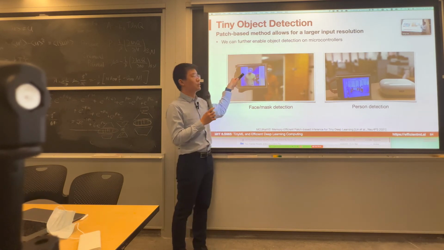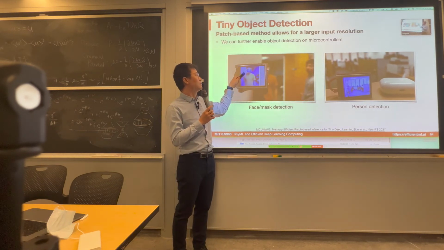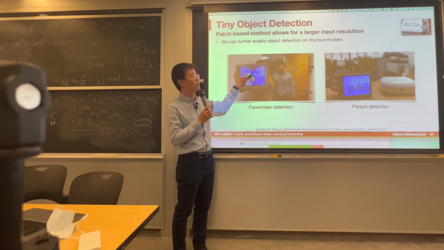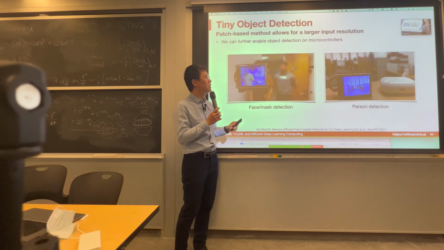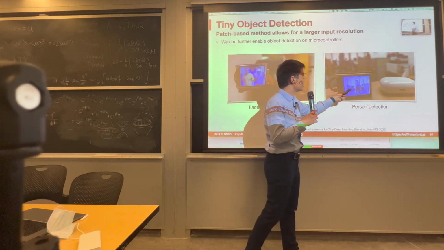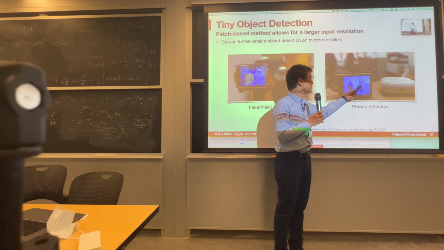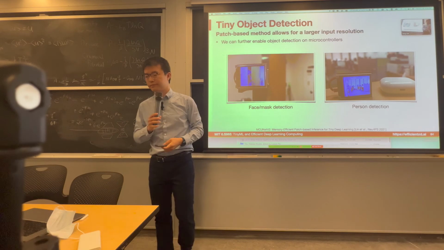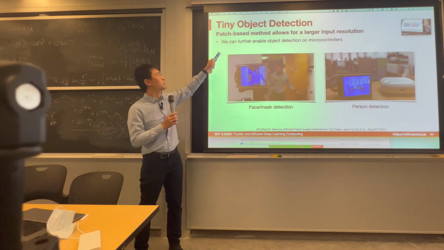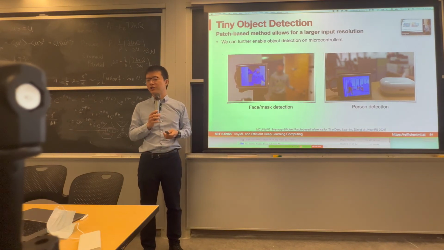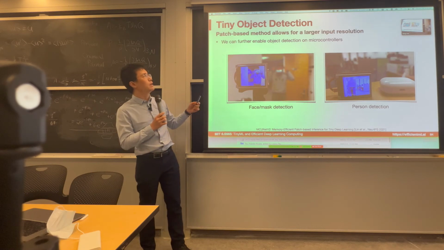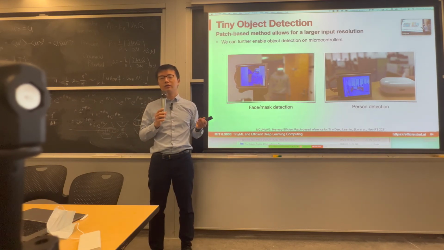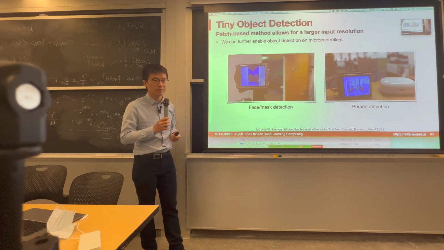Here we are doing face and mask detection, not only a single person but also multiple people, mask, no mask. And on the right-hand side is person detection, people walking by, people sitting there, can all be accurately detected. This really benefits from the patch-based method, which allows a larger input resolution and saves peak memory footprint.